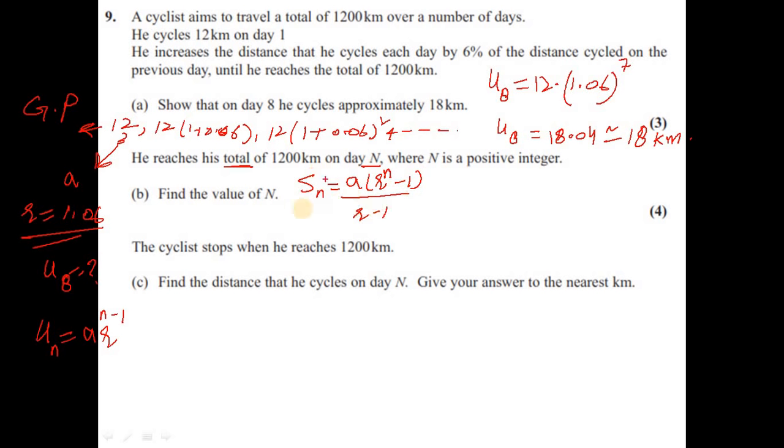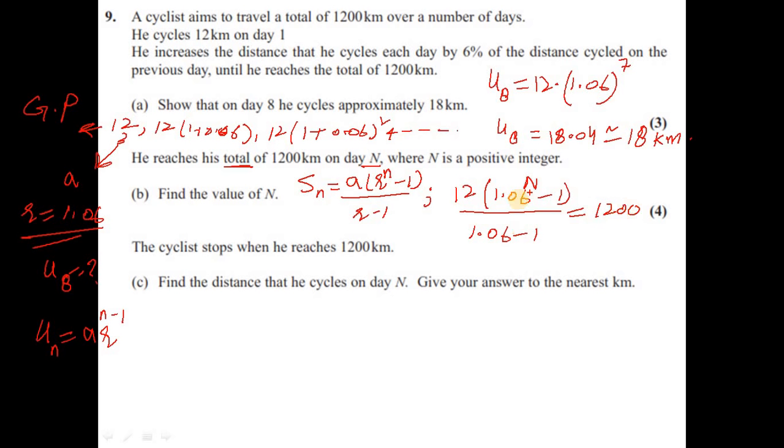So Sn is the total, which is 1200. So you can say that 12 times 1.06 whole power n minus 1 divided by 1.06 minus 1 equal to total of 1200.